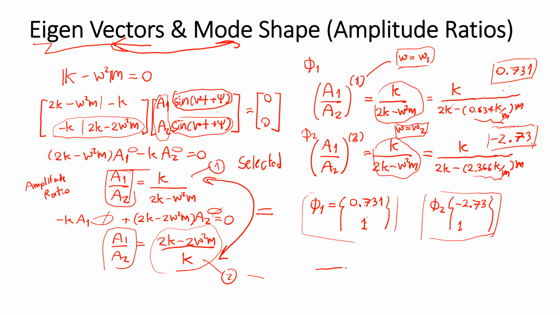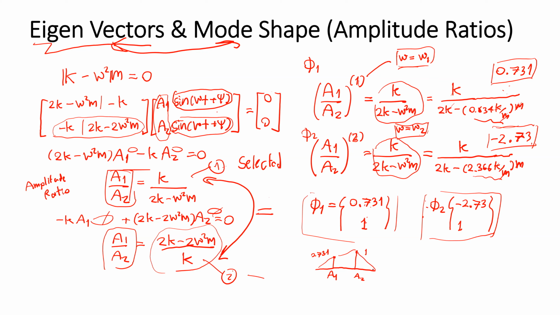The physical meaning is if the magnitude A2 is equal to 1, A1 will be in the same direction, but smaller in magnitude. This is the meaning of this case.